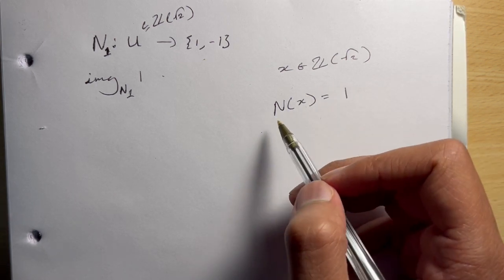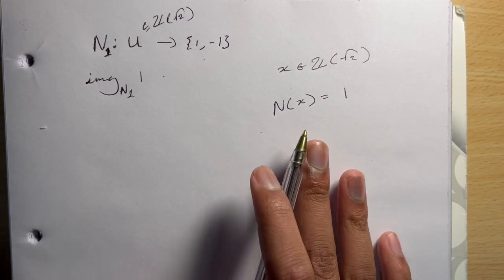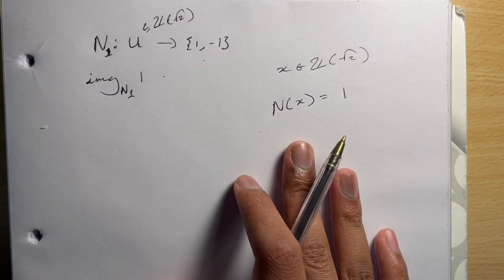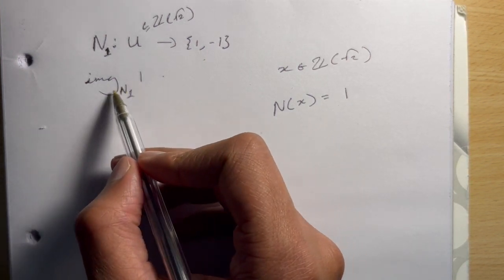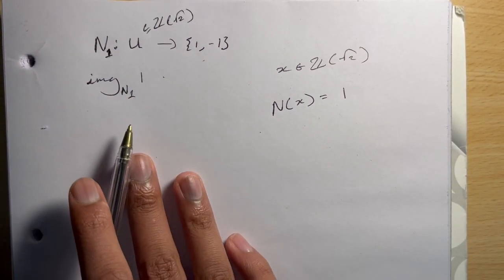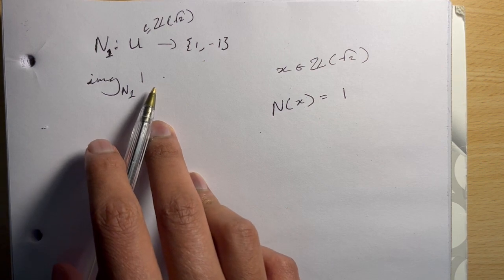It's hard to say, so I won't try to do that. Maybe I'll think about it and see if we can answer it in the next video. But in this case, let's look at the image of N going to 1.